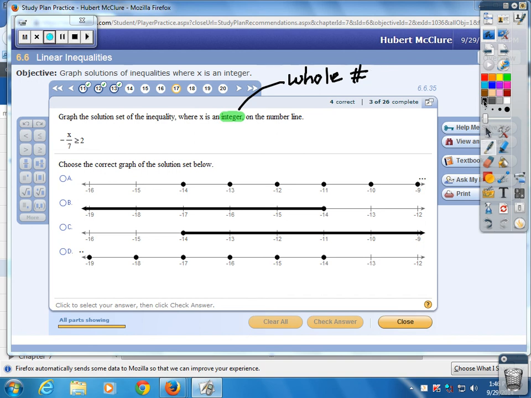So negative 2 is greater than or equal to x over 7. Now, what do we do when we have fractions? Clear them by multiplying through by the common denominator. So I'm going to multiply through by 7 over 1.